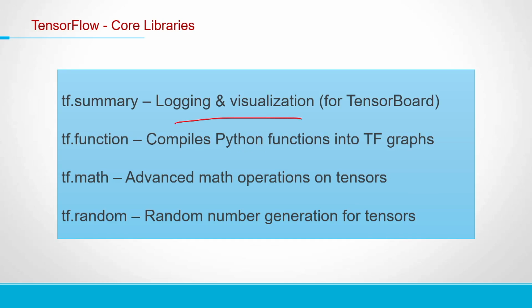Moving on to the other core libraries, tf.summary is a function which helps with logging and visualization for TensorBoard, and tf.function compiles Python functions into TF graphs. With tf.math, we can perform all the mathematical operations over tensors like addition, subtraction, etc. And tf.random provides random number generation for tensors.